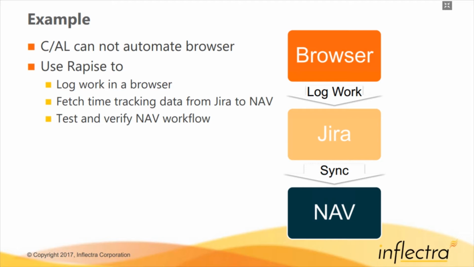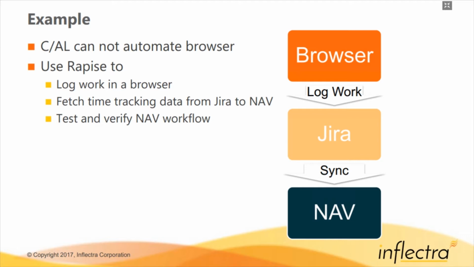So you can test some part of sales orders using unit tests, but with CL you really cannot automate a browser. So you cannot put information into Jira either using a browser or by sending some REST or SOAP requests using APIs. But you can do all this stuff using Rapise.